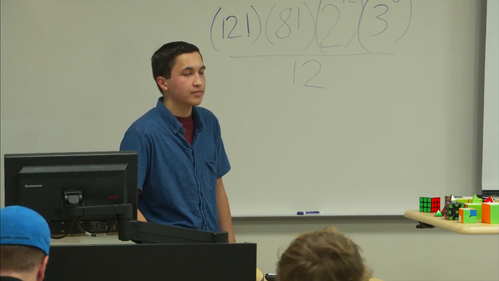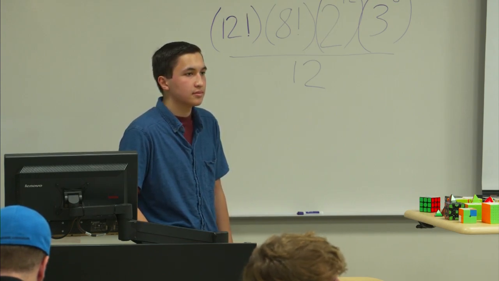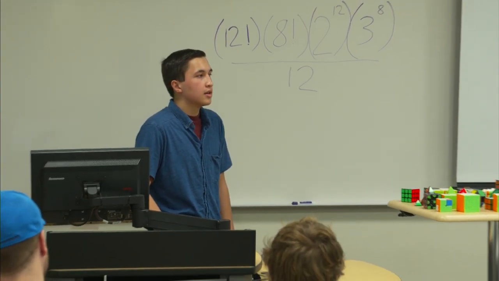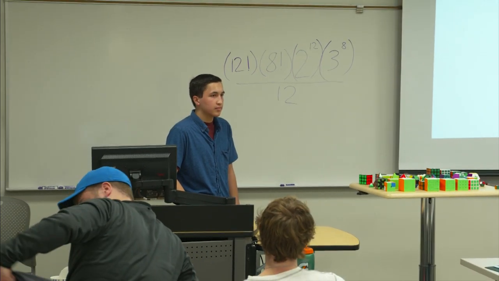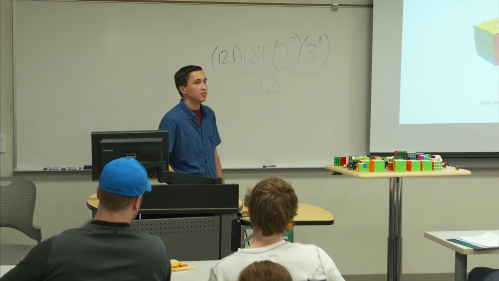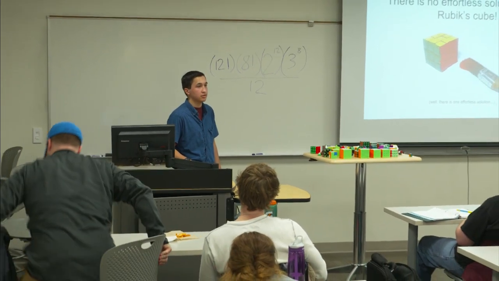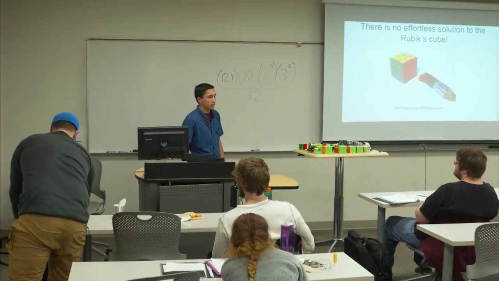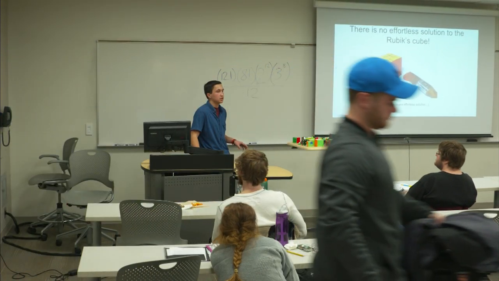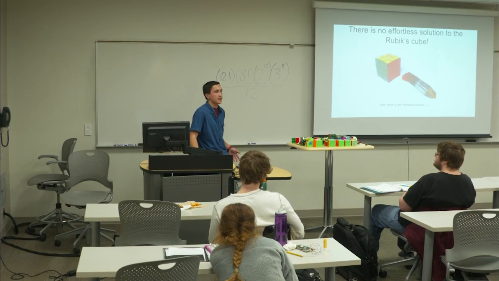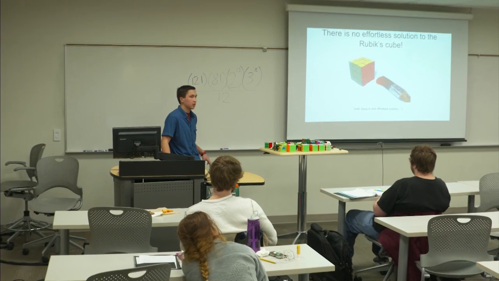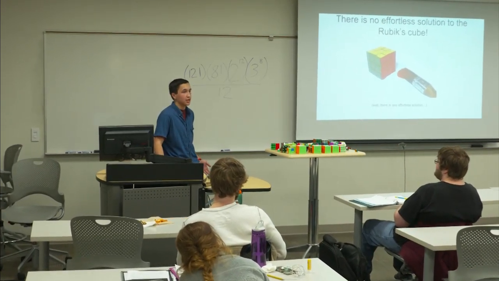Did you say that the minimum number of moves for any permutation was 20? Is that the Google calculation? Yeah, that is the maximum amount of moves for the optimal solution. So for every permutation, there is an optimal solution to get to the solved state as quickly as possible, right? And the maximum number of turns it takes for that is 20.